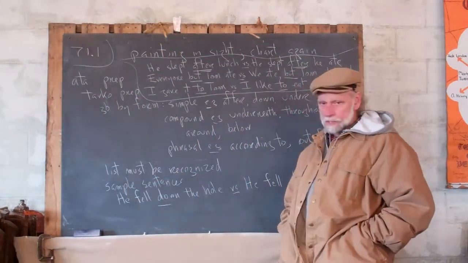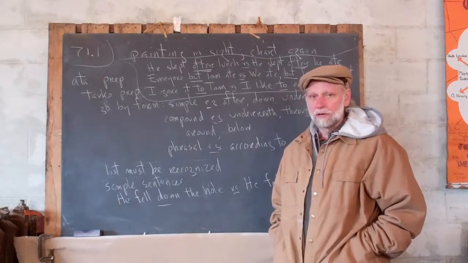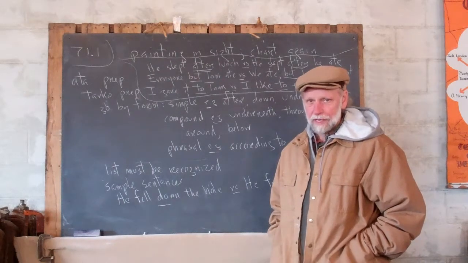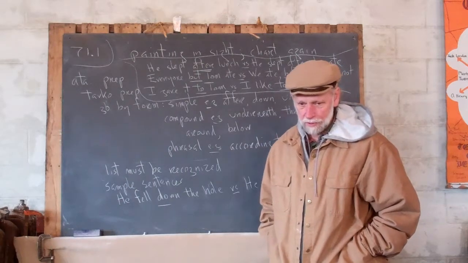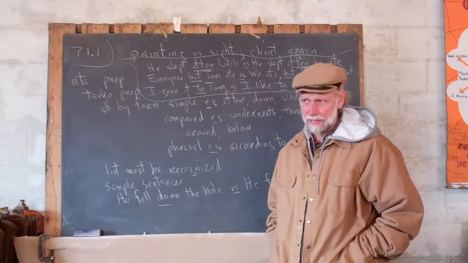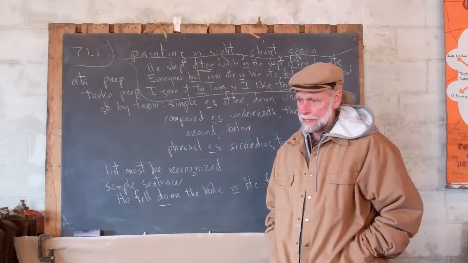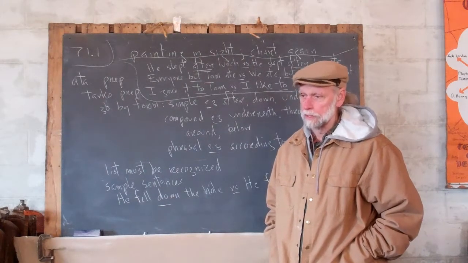Now, I say the list must be recognized. Well, there is a list of prepositions that really, to know your English grammar, you have to be able to recognize. And in traditional grammar, this was basically so well known and accepted that I think it was when I was in 7th grade, I had to memorize a list of about 40 of them. And I think some teachers still have students do that. They should.